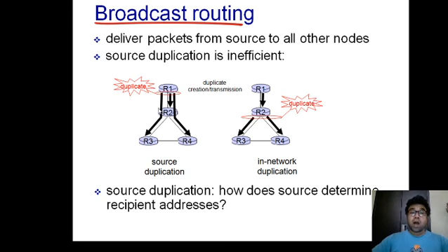Once R2 is done with the task, if R2 receives that information again from R4, R2 will keep that information, that this particular packet I have already broadcasted.